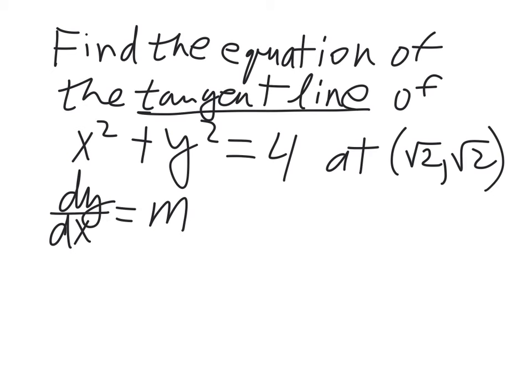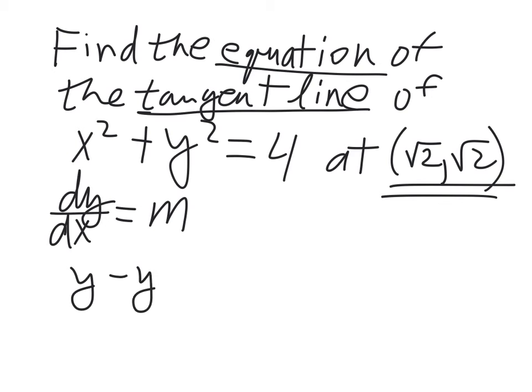Calculate dy by dx, plug in these numbers for x and y into the dy by dx, and that will give you the slope. Now it may just be find the slope of the tangent line, or it might be find the equation of the tangent line. If it's the equation, then we have one more step. Plug it into your point slope form. And there would be the equation of that tangent line.